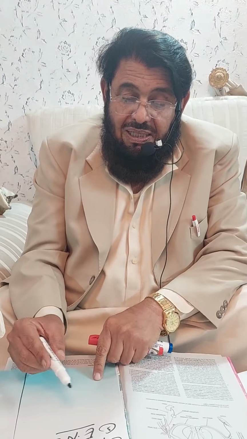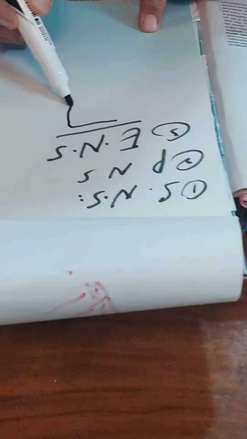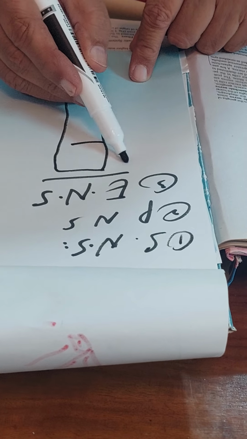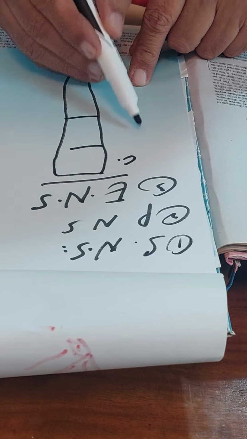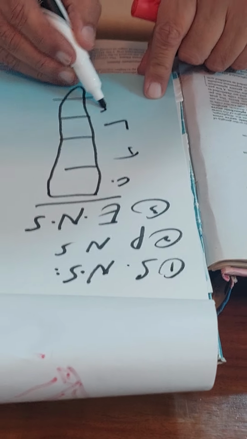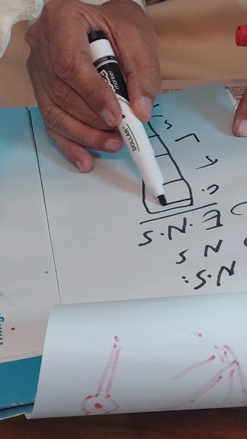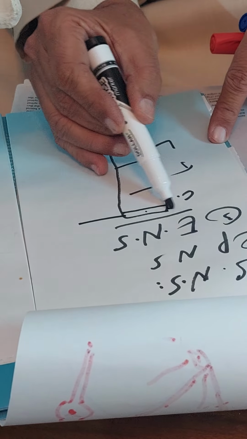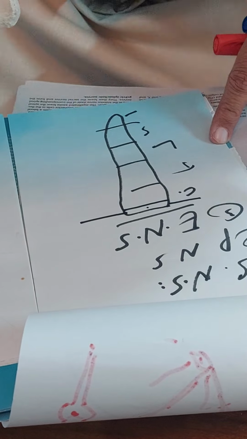Look, let me say this is the spinal cord, this is the cervical segment, this is the thoracic segment, this is the lumbar segment, this is the sacral, and this is coccygeal. One segment of the spinal cord means one piece of the spinal cord that gives origin to one spinal nerve on the right and the left side.